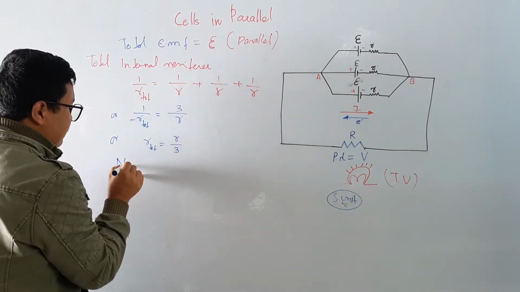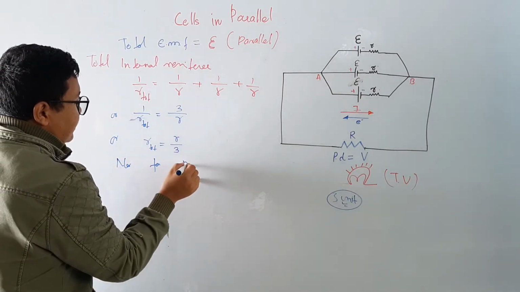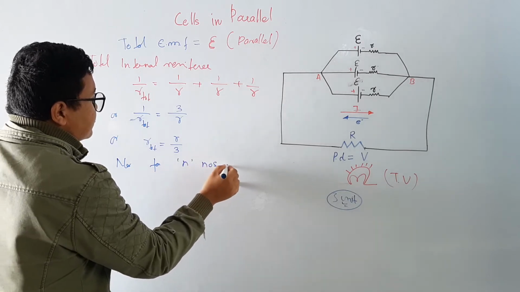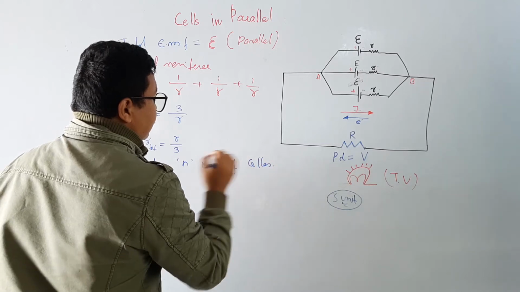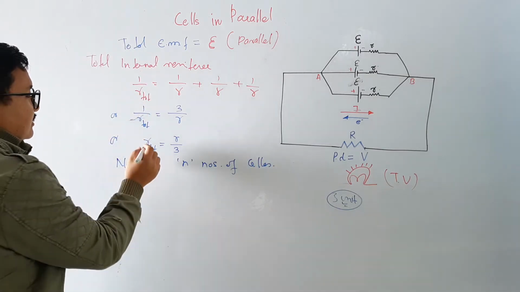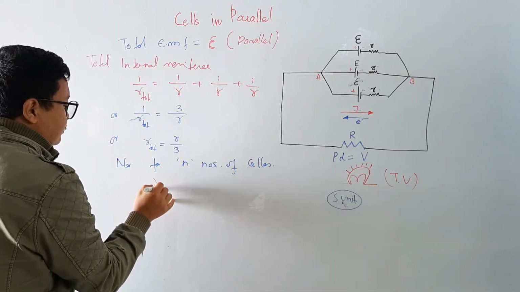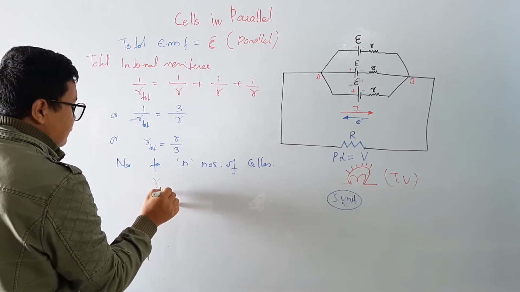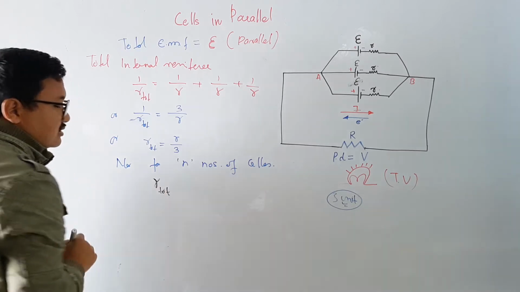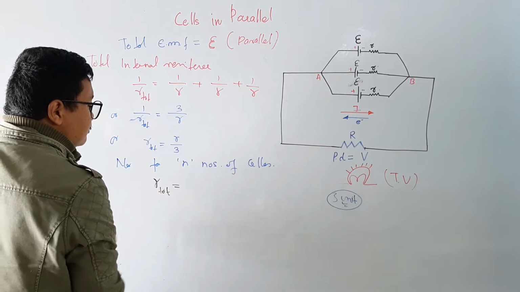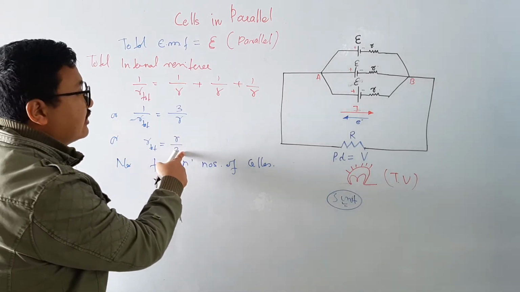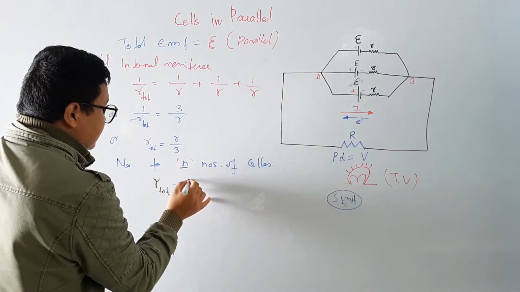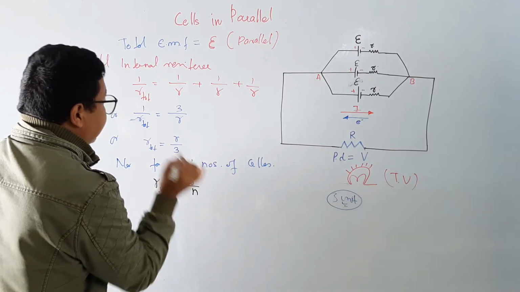Now for n number of cells, what will be the total internal resistance? The total internal resistance, this small letter R, will be how much? For 3 cells, it was R by 3. And for n number of cells, it should be R divided by n.